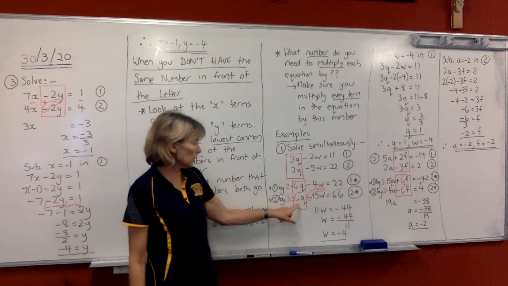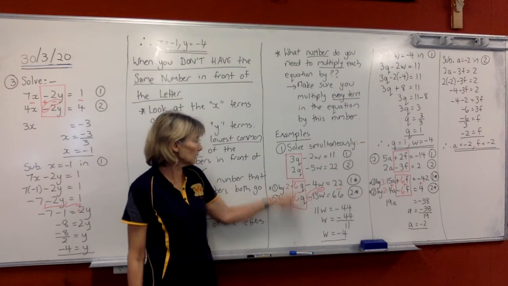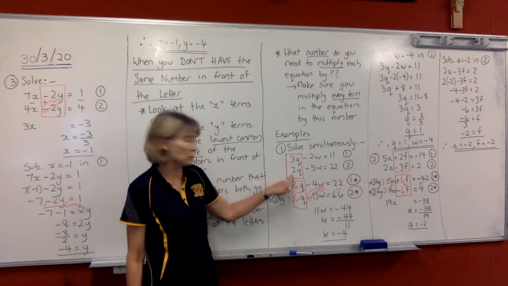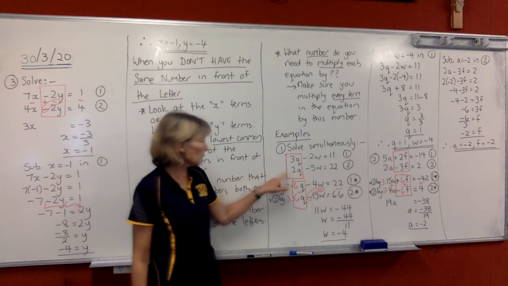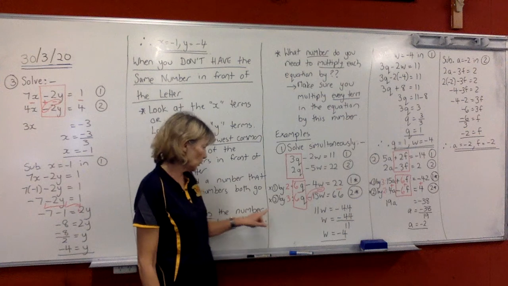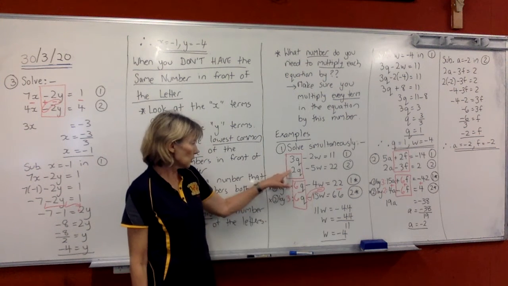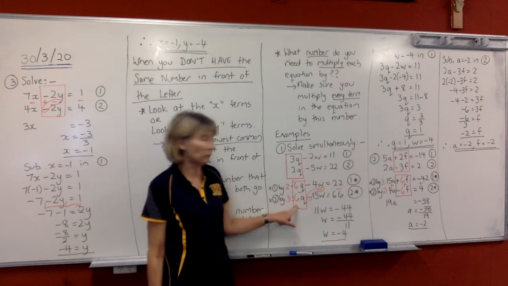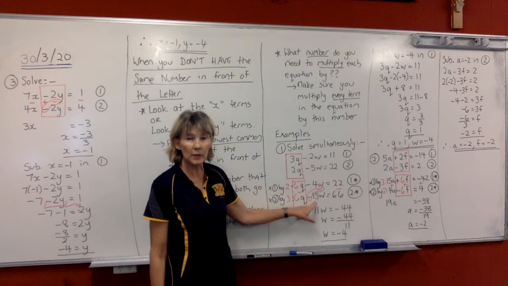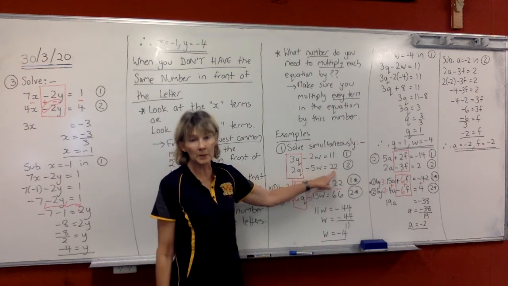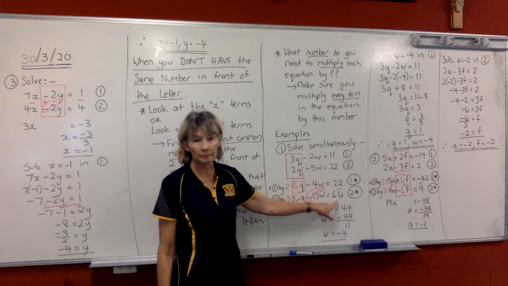For the second equation, to get the 6 down there, we think, what have we done to this 2q to get a 6q? We've multiplied that by 3. So we're going to multiply the whole of equation 2 by 3. 2q times 3 is 6q. Minus 5w times 3 is minus 15w. And 22 times 3 is 66.